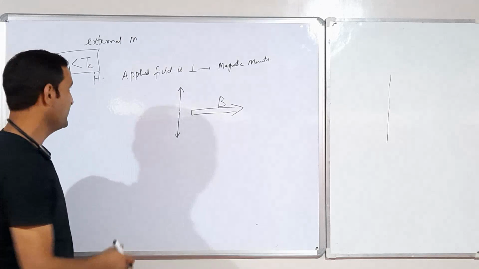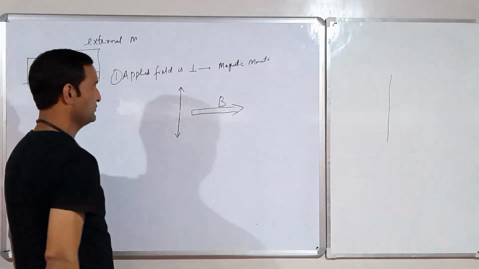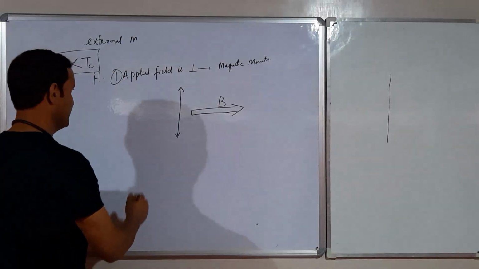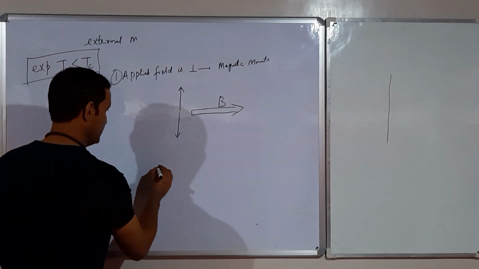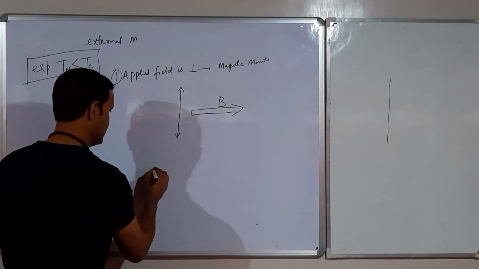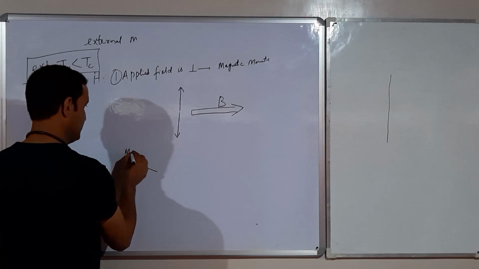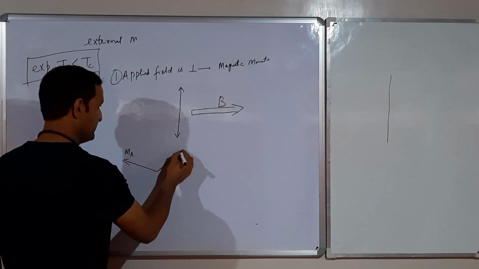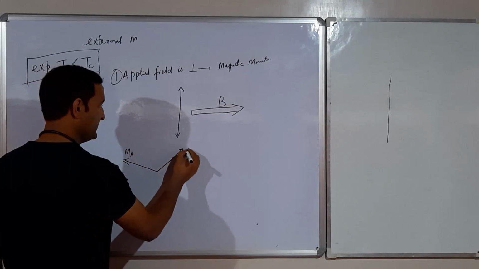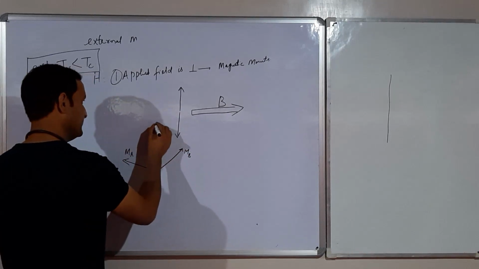In this case, we can write here: if this is magnetization due to Ma and this is magnetization due to Mb, here this is the magnetic field intensity.